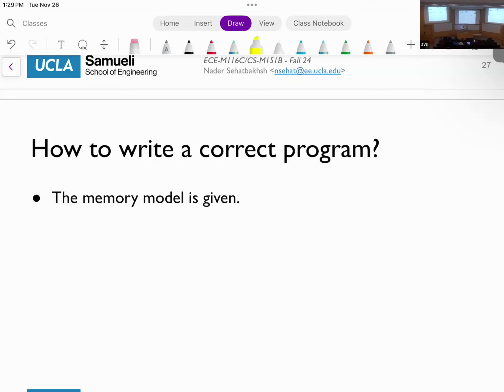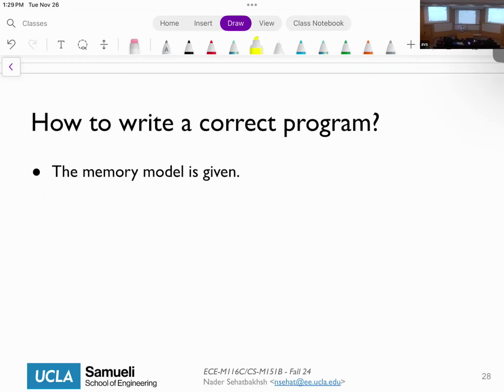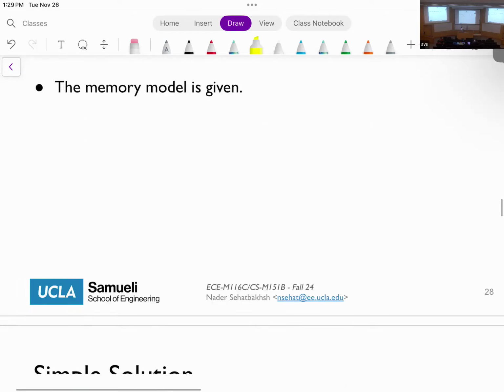If you write something for RISC-V, it may not work for x86. Or if you write it for sequential consistency, it may not work for TSO or a weak memory model. Generally, in order to start writing a program, the first thing you need to know is the memory model. Once you know the possible orderings, then you can start writing your program.